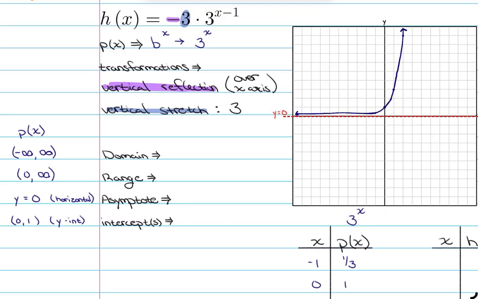And then last but not least, I see this -1. Okay, again, I'm just picking apart everything that is different from my parent function. The -1 this time, it is acting upon the x. All right, if it were acting upon the whole thing, it would be on the same level. That's why we knew the difference. So since it is acting upon the x, we are now horizontal.